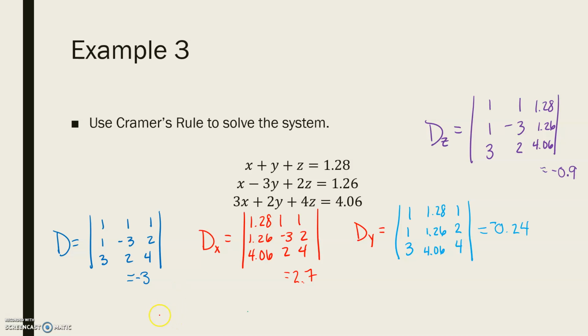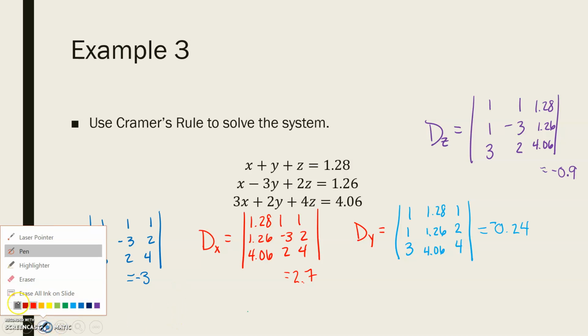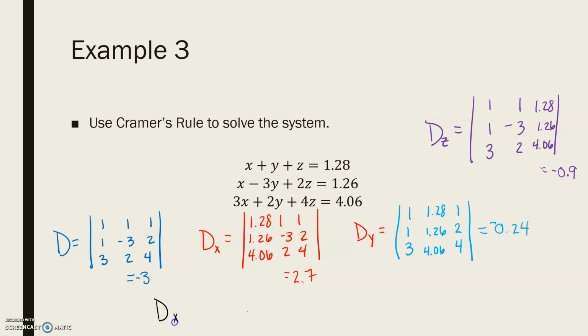I'm going to get D sub x equals negative 2.7 over negative 3. D sub y equals negative 0.24 over negative 3. And D sub z equals negative 0.9 over negative 3.